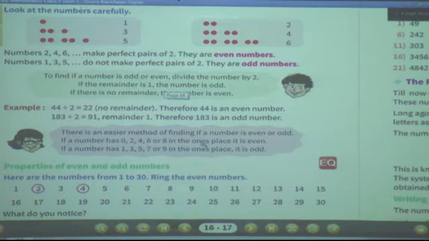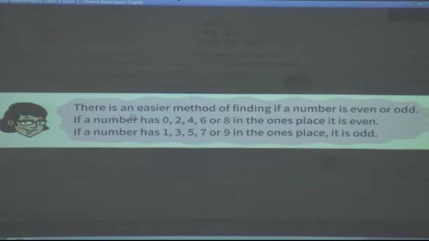Now there is one more trick which is very easy, to find out whether the given number is even or odd. There is an easier method of finding if a number is even or odd. What we have to do is just see the ones place of the number.